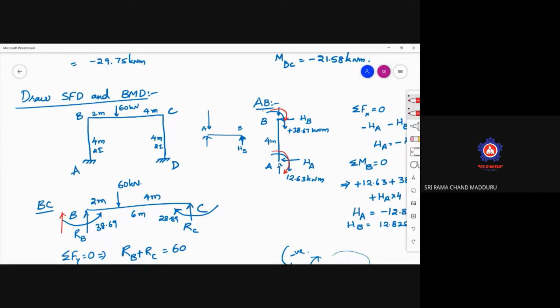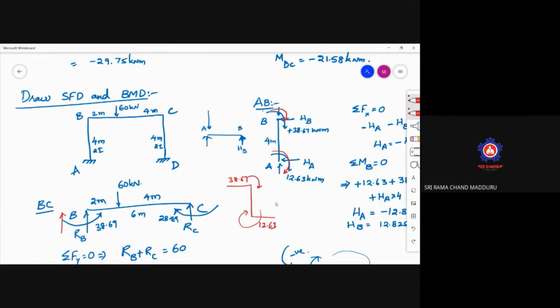This moment, 12.63 kilonewton meter, is trying to push in this direction. Whereas here the other moment is trying to push in this direction. So here the value is 38.67, and here the value is 12.63.